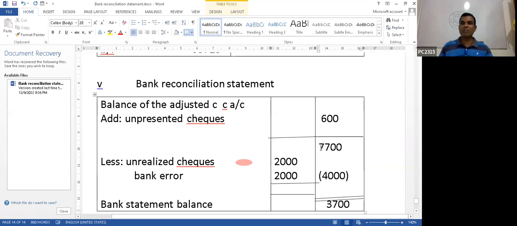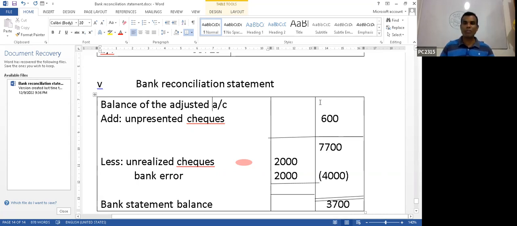Now 7,700 minus 4,000. So the adjusted bank balance should be, when this amount is added to this amount, you can get 7,700.